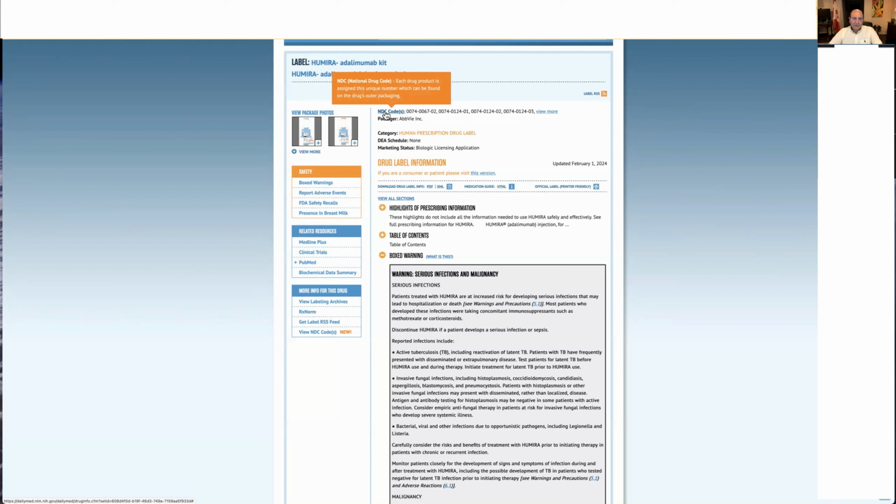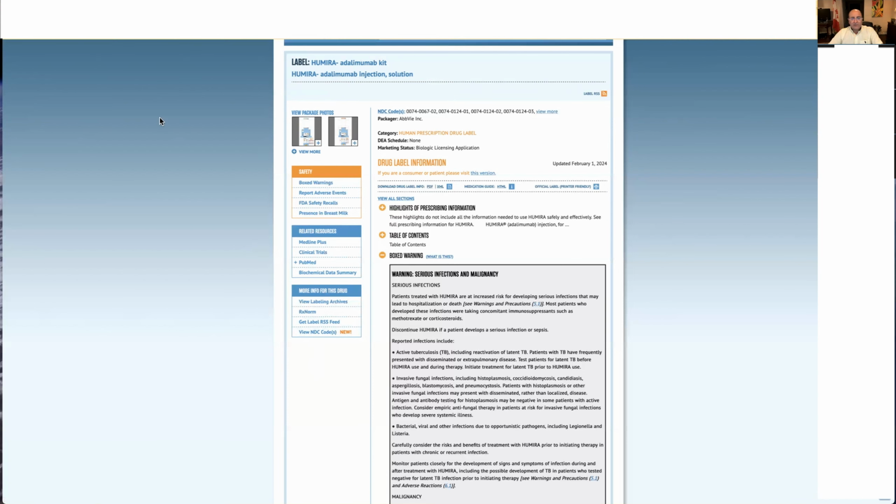In the US, we have the National Drug Code, or NDC. So each drug product is assigned this unique number, which can be found on the drug's outer packaging. This is the same information that you can see here at the bottom of this interface.